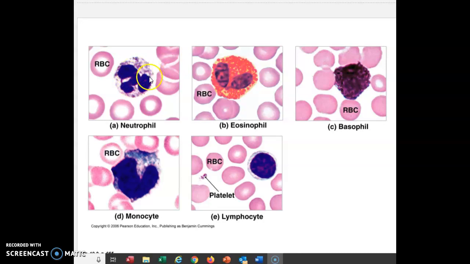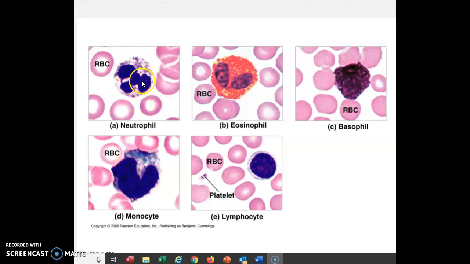But when they actually attack invaders, they usually die in the process. And if you've ever had an infection that created pus, pus was actually dead neutrophils and whatever they had engulfed or killed, whatever bacteria or virus or invader that they had attacked. So neutrophils, very important.